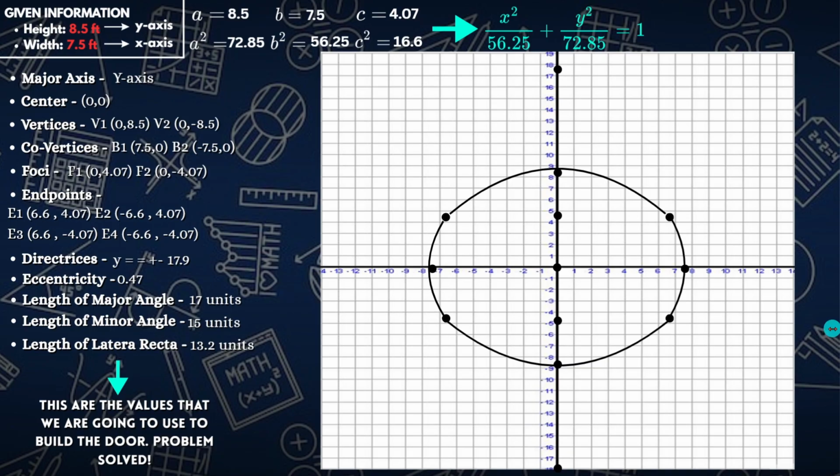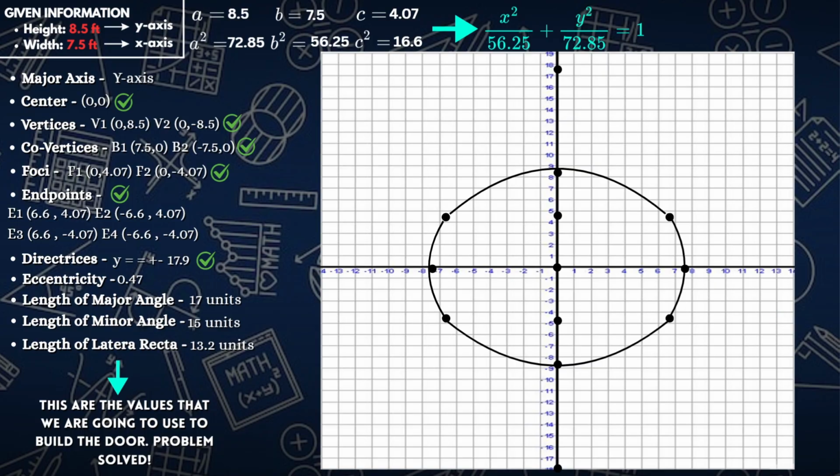It's still on the y-axis, and I will fix this by expanding. So our center is correct, our vertices are correct, co-vertices are located right, our foci too, endpoints are located in the right place, and the directrices are also in the right place. So we're very much good to go.